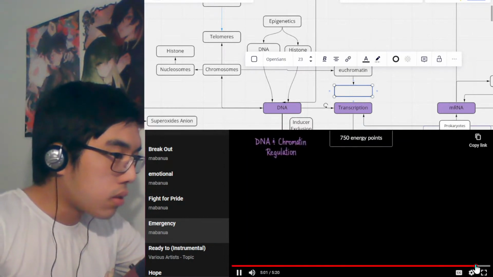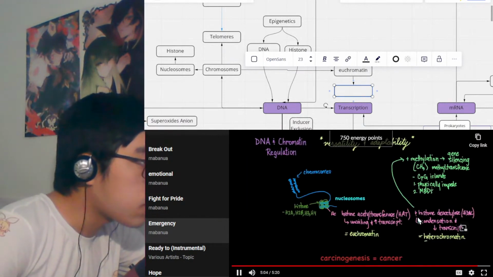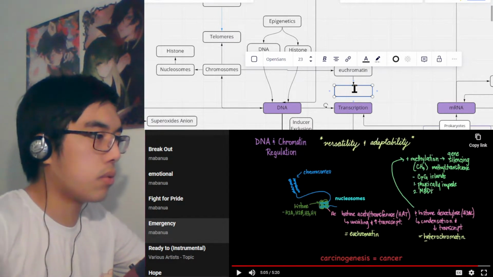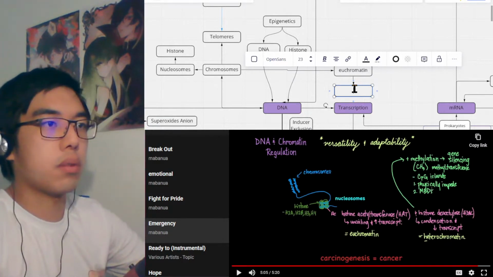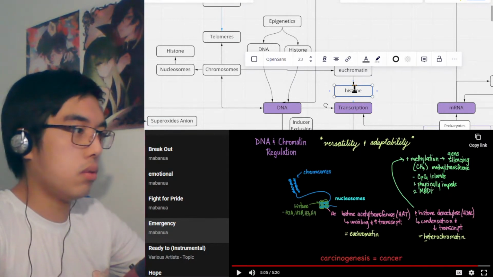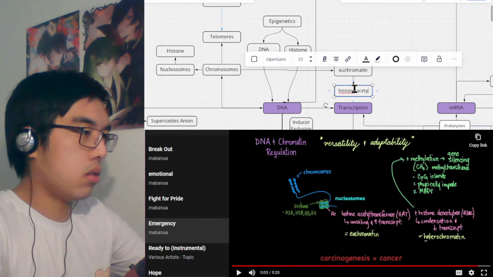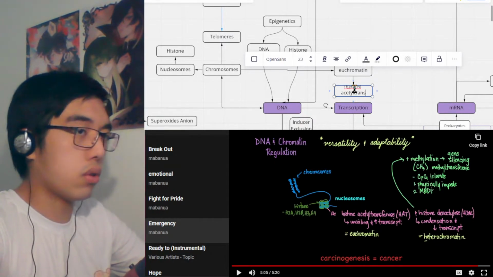Seems legit. So to the locus or a particular location in a chromosome. Acetyltransferase. Alright. Transferase.